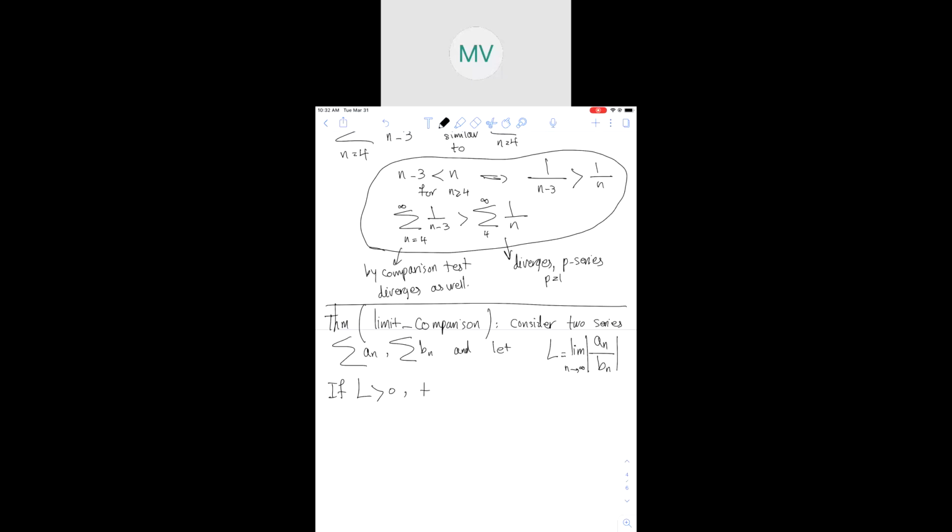If this happens, then sigma a sub n and sigma b sub n have the same behavior. Let me mention that if L equals 0, the test is inconclusive.